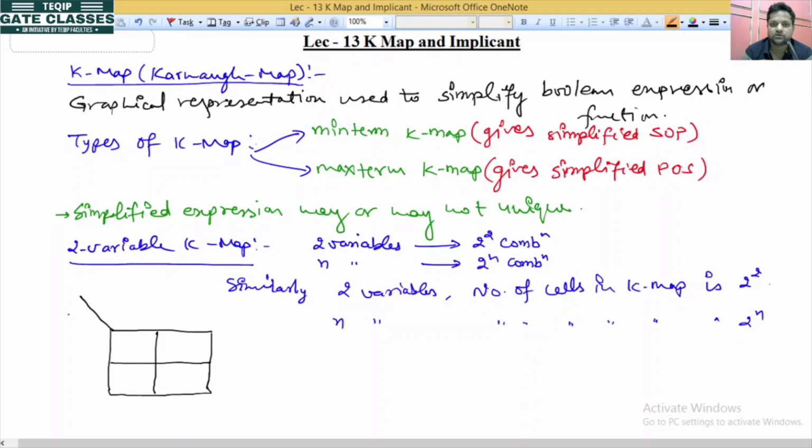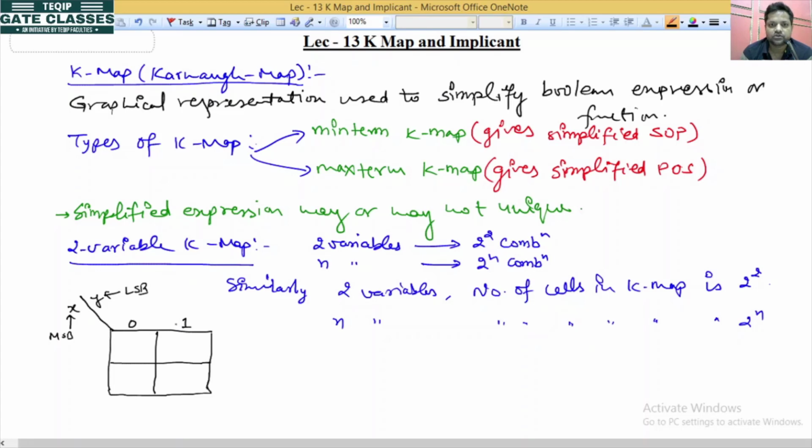If it is a two variable K-map, one variable will be here, the second one is here. I suppose that this x is MSB and this y is LSB. Now I am going to write here a code. That code is known as gray code. How do we know this code is gray code?